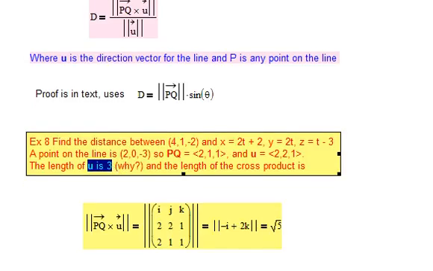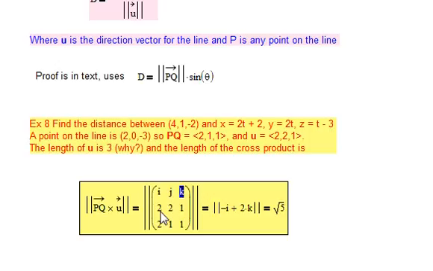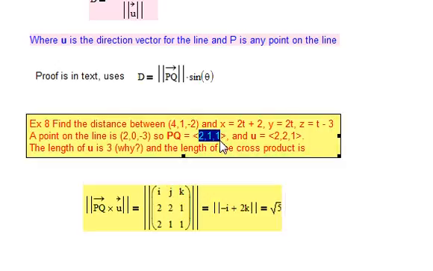And so the length of the cross product is ijk across the top, 2, 2, 1. Here's the 2, or sorry, 2, 1, 1, and 2. Where's the 2? Oh, here's the u is 2, 2, 1, and our direction vectors for the plane 2, 1, 1.